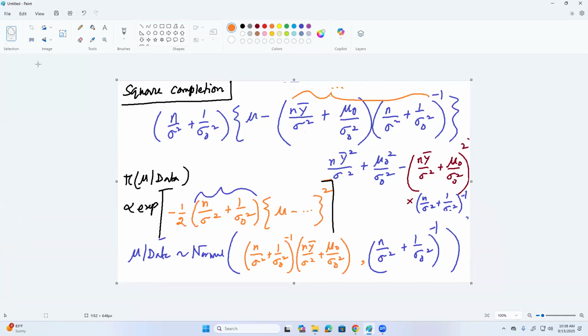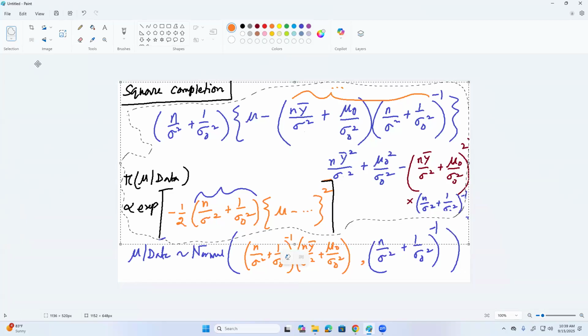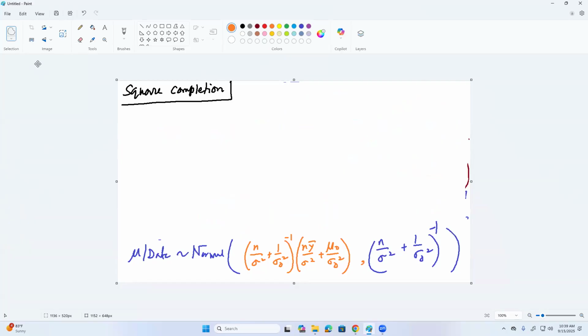Wonderful. Now, the important thing is that the posterior distribution depends on the data. You see the mean depends on y bar. Y bar is the data part, right? It also depends on the prior parameters such as mu sub 0 and sigma 0 square.